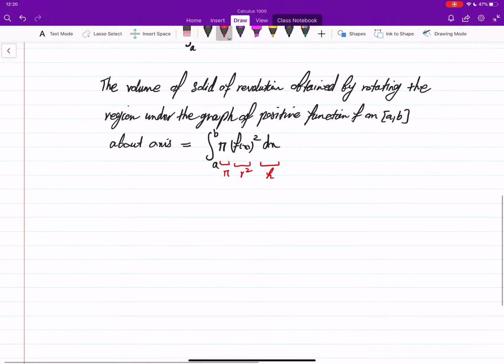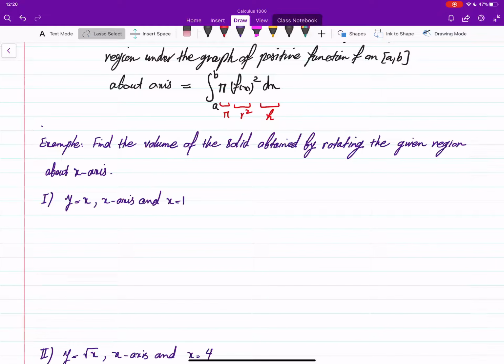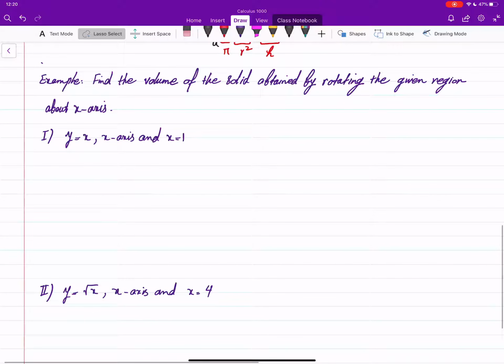Well, let's see this in some examples. Find the volume of solids obtained by rotating the given region about the x-axis. What is the region? We have to first figure that out. So we have the linear function y equal to x, and the x-axis, and let's say this is x equal to 1.